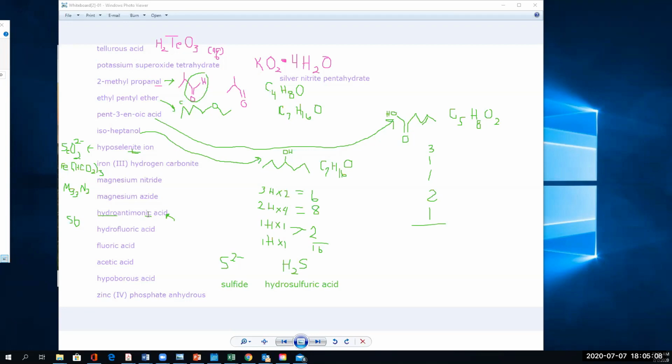What do I need to put in front of the antimony? I don't know. I'm writing it, so I have Sb.